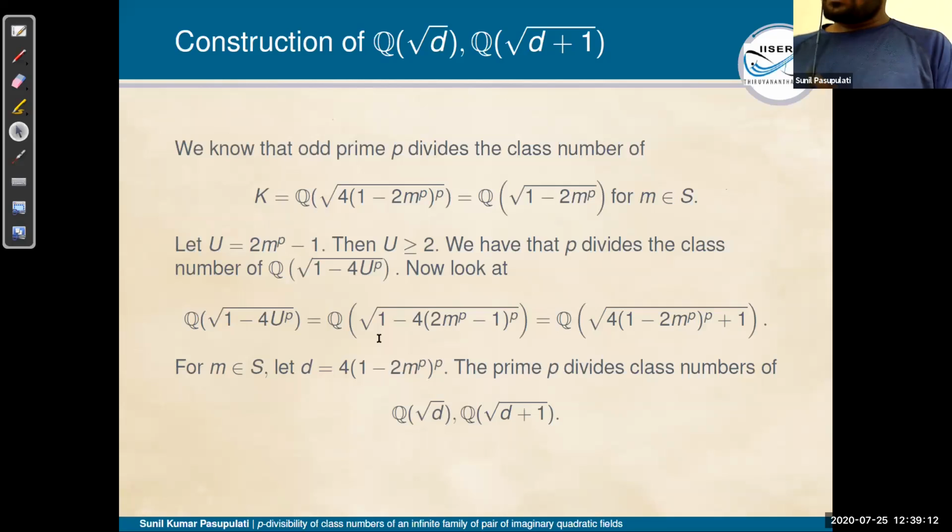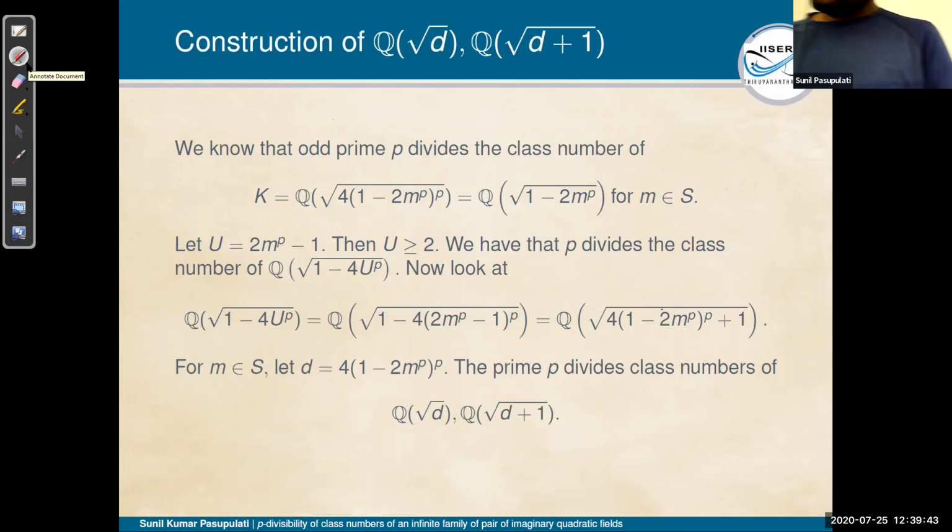Now we'll construct consecutive integers t and t+1 such that p divides the class numbers of Q(√t) and Q(√(t+1)). By main theorem 1, we know that p divides the class number of this field, but this can also be written in this form; I'm just sending 4 inside and taking the power p. Let's keep this aside.